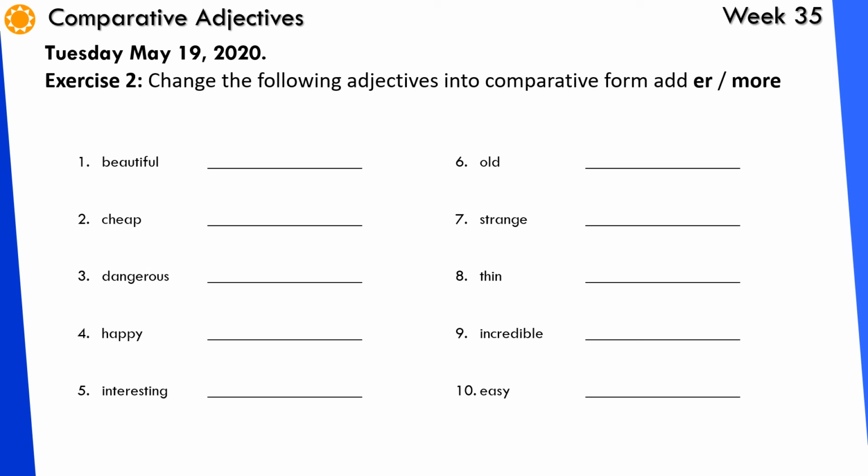So we have more beautiful. Number 2, cheap. Cheap is a short adjective, so we need to add er after the adjective. So we have cheaper. Now you read the rest of the adjectives and add er or more.